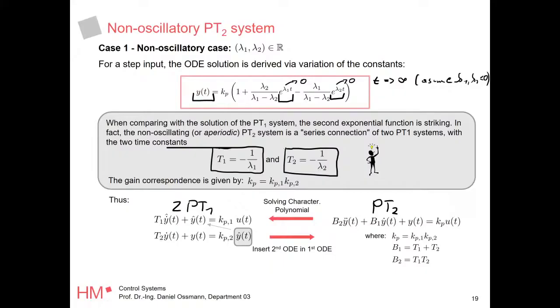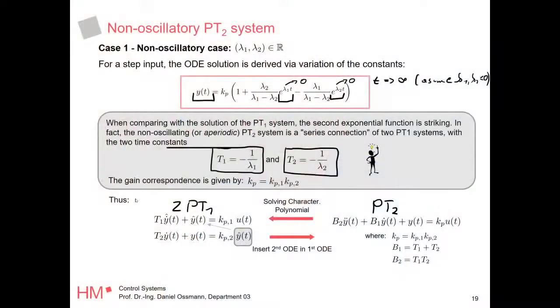Remember, a PT1 system has one time constant, so two PT1 systems each have a time constant. So if you know that your system has real eigenvalues, you know it's just a composition of two PT1 systems, and the time constant of each PT1 system is just the negative inverse of this eigenvalue.